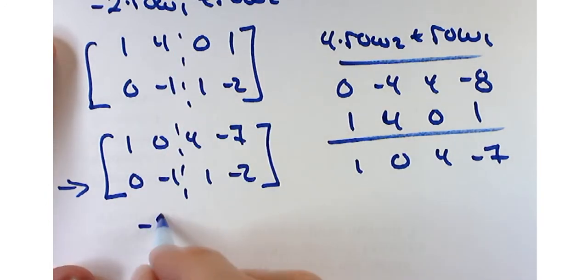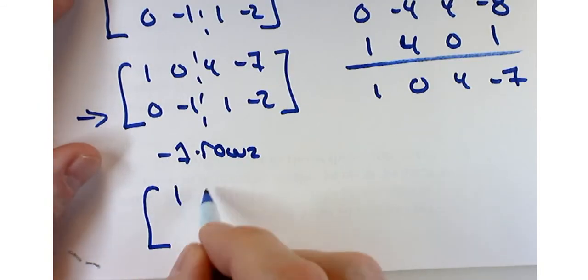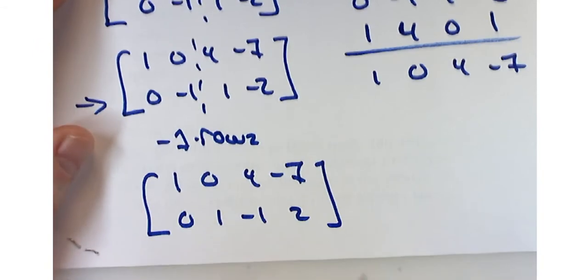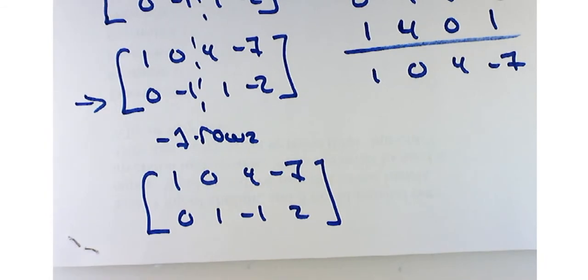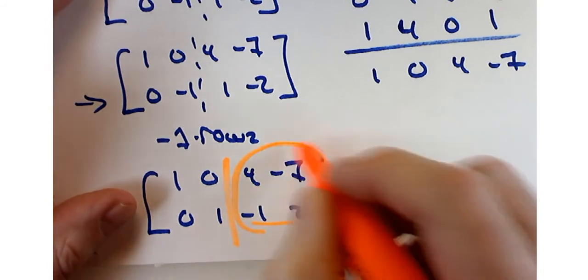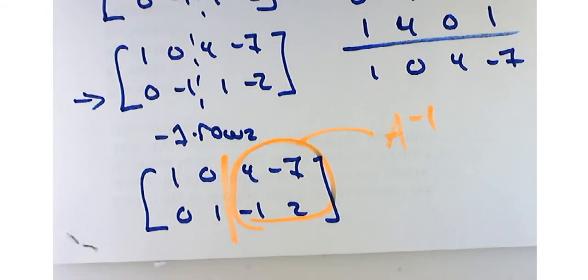So negative 1 times row 2. 1, 0, 4, negative 7, 0, 1, negative 1, and 2. So after all that, I've got the identity matrix on the left-hand side, but on the right-hand side, that's A inverse.